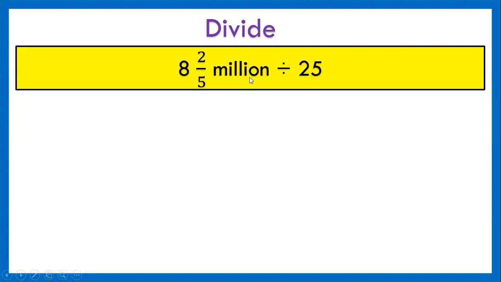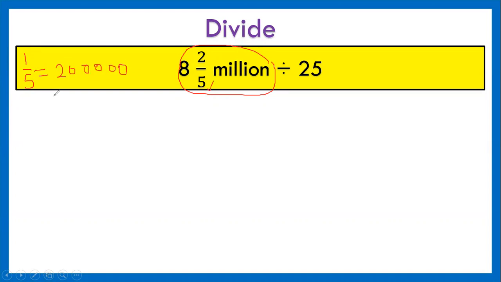which would be 8 2/5 million and divide by a very huge number like 25. What do you do? So first of all, step 1 would be to convert this to a whole number. Now we know that 1/5 million is a million divided into 5 parts, and that would give you 200,000.